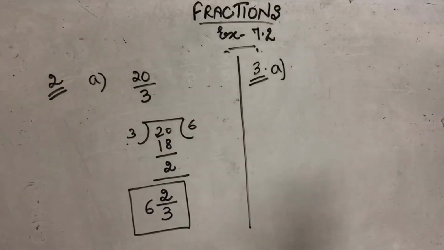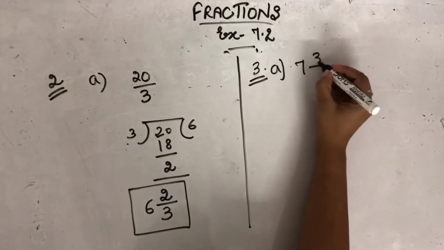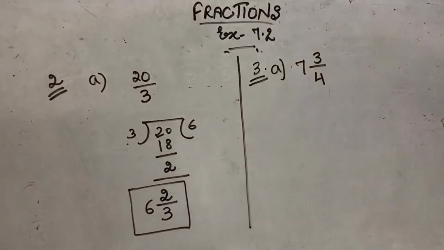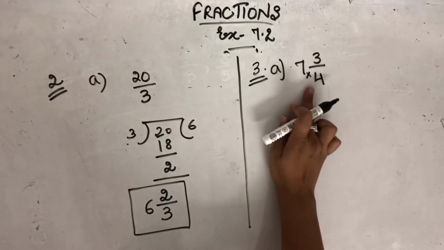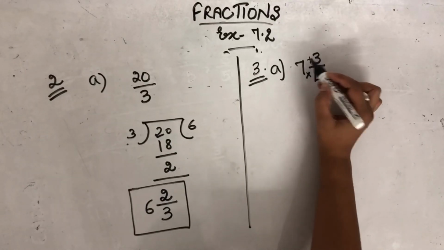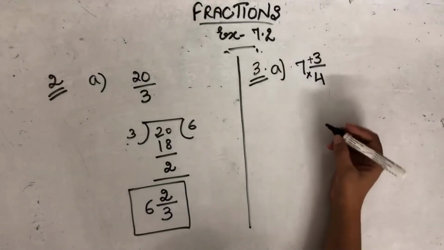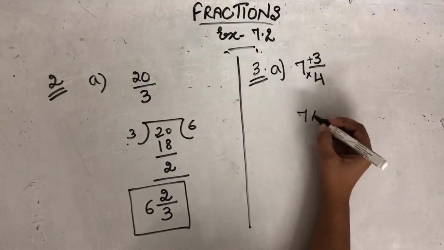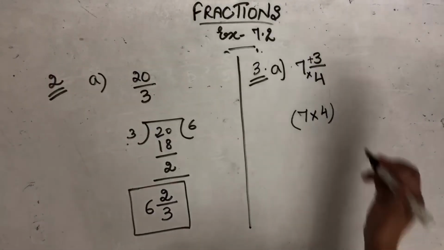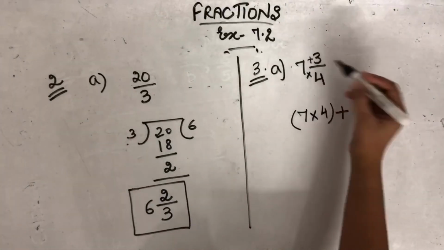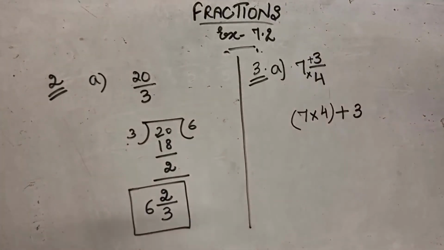Third question, A part, 7 integer 3 by 4. You have to convert this into improper fraction. So how will you convert this? You have to multiply these two numbers and then add this number. So the formula will be 7 into 4. First you will multiply and then you have to add the numerator.